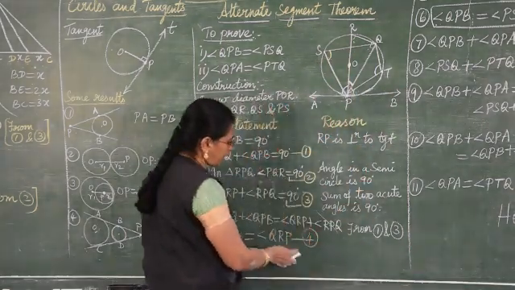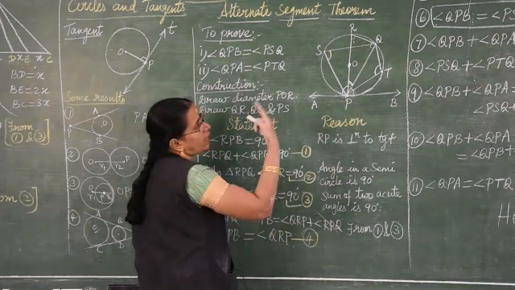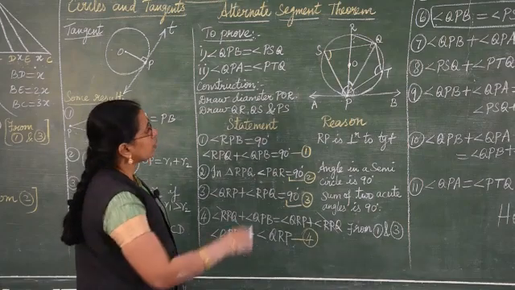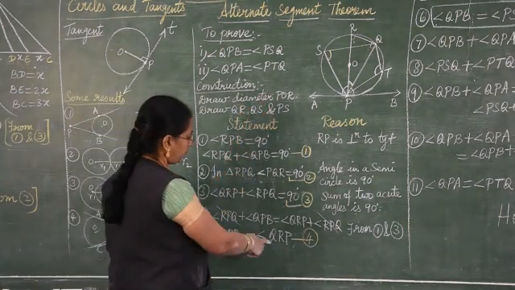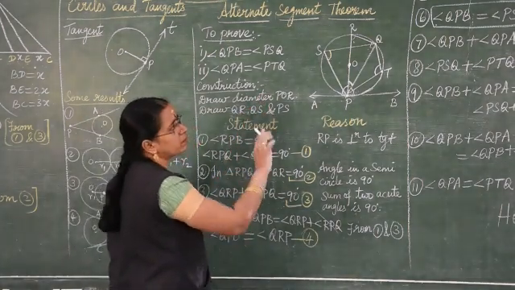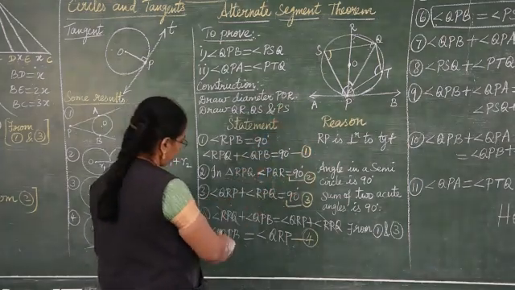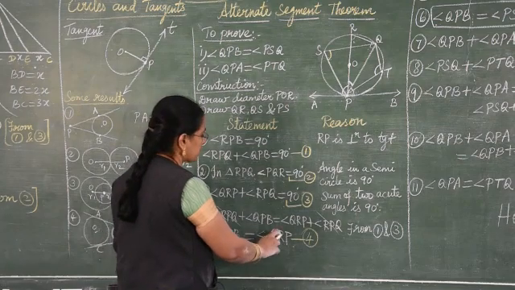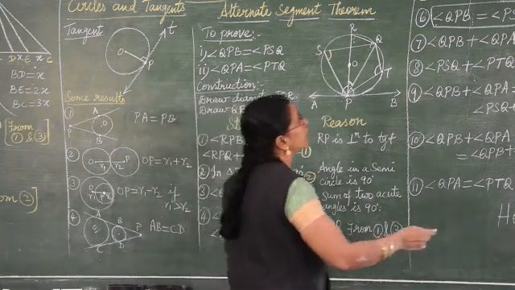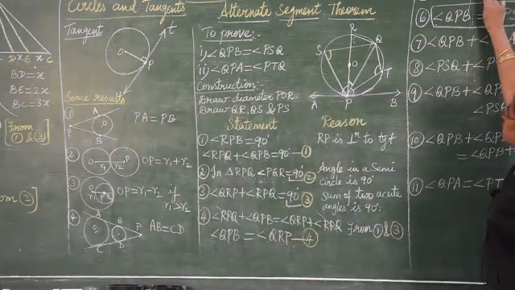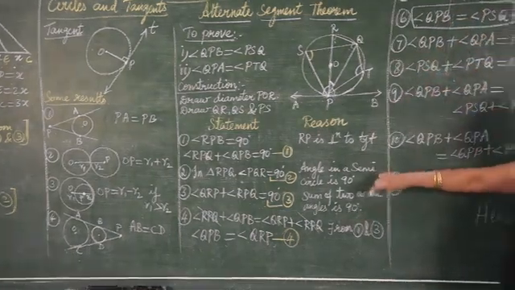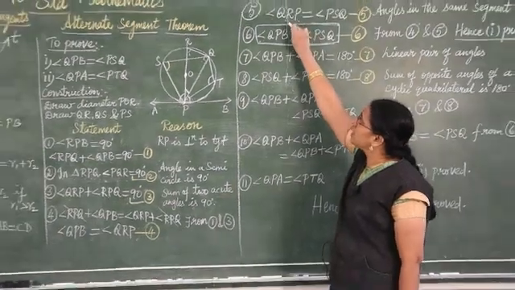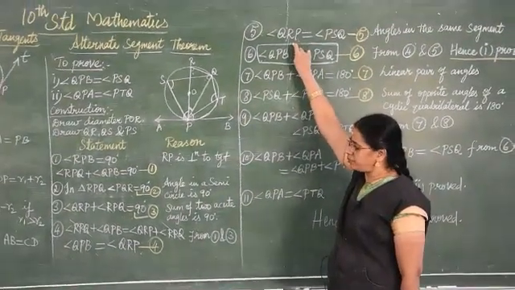Now you will compare equation 4 and 5. Which two are equal? There also you have angle QRP, so both will be eliminated. Now angle QPB equal to angle PSQ. When comparing 4 and 5, angle QRP is common.